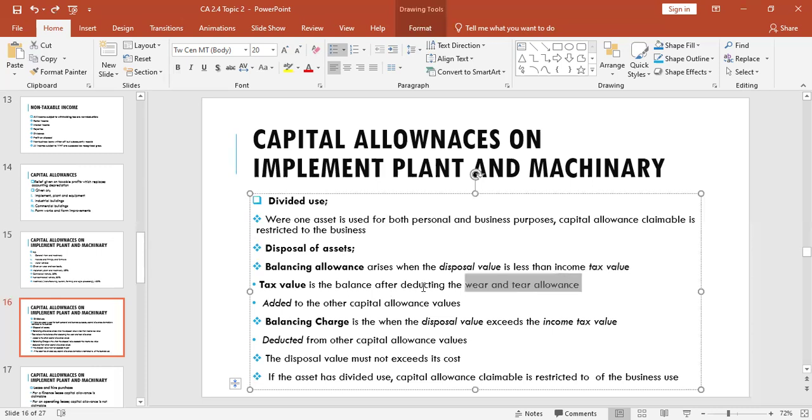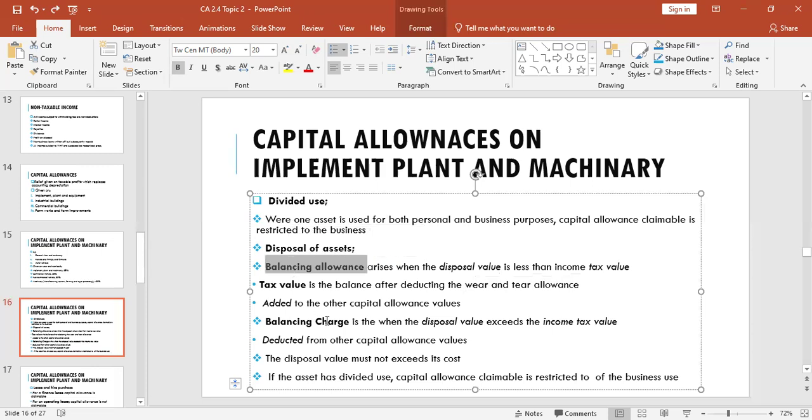So the income tax value is basically the residue value for tax purposes. So after we deduct the capital allowances, then we're going to have the income tax value. Then that income tax value, we need to compare it with the disposal value, and we're going to have a balancing allowance if that disposal value is less than the income tax value.